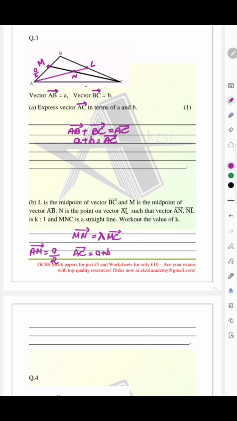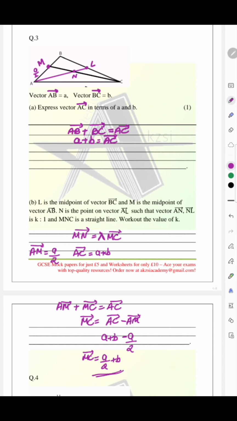Looking only at this triangle, if I apply the vector law of addition, vector AM plus vector MC is equal to vector AC. From here, vector MC will be vector AC minus vector AM. AC is a plus b, and AM is a by 2. So finally the answer would be a by 2 plus b. This is vector MC.